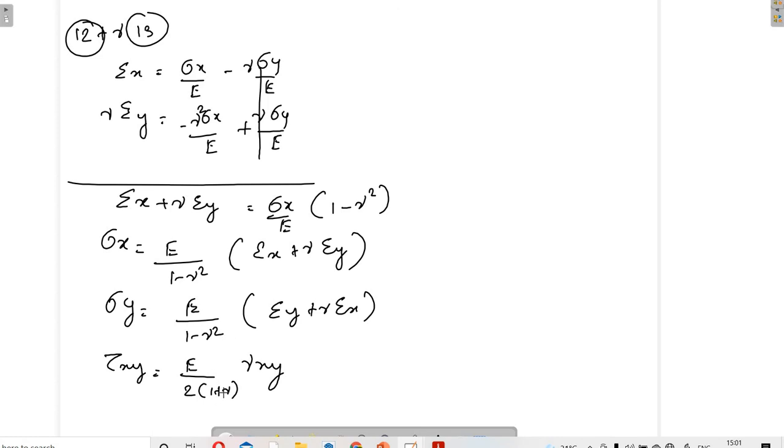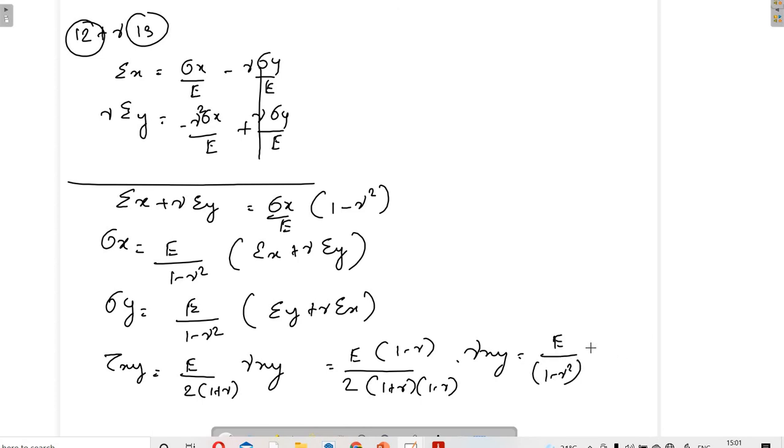If you want the similar denominator here, you have to multiply and divide by 1 minus nu, because here 1 plus nu is there and we need 1 minus nu square as the denominator. So E into 1 minus nu divided by 2 into 1 plus nu into 1 minus nu into gamma xy. So you get E divided by 1 minus nu square into 1 minus nu by 2 into gamma xy.